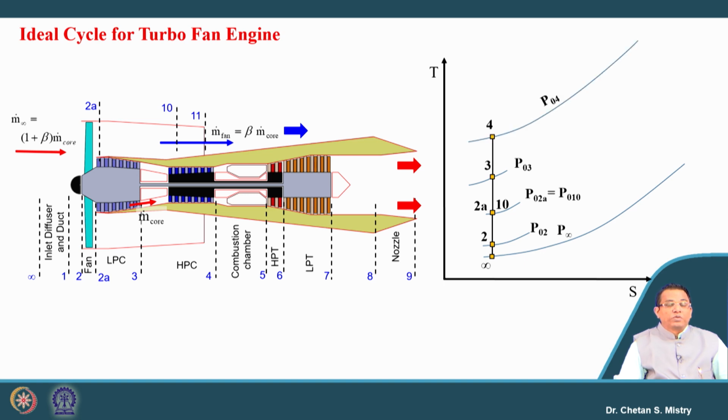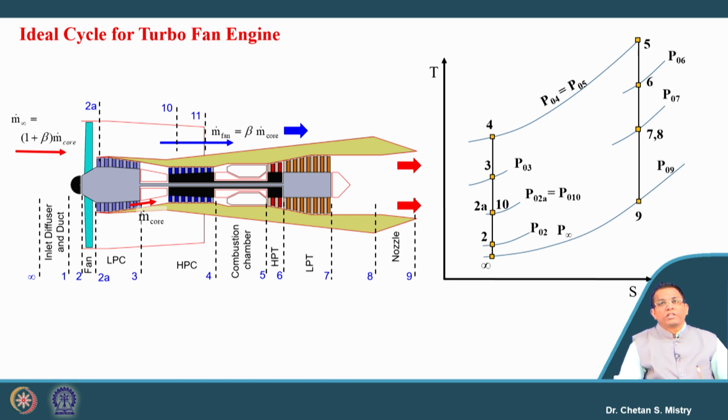Then 3 to 4 represents the compression process in the HP compressor. 4 to 5 represents the heat addition process. 5 to 6 represents HP turbine work. 6 to 7 represents the LP turbine work, and 7 to 9 represents the exhaust configuration. So this is what we know in terms of the thermodynamic cycle for the turbofan engine.